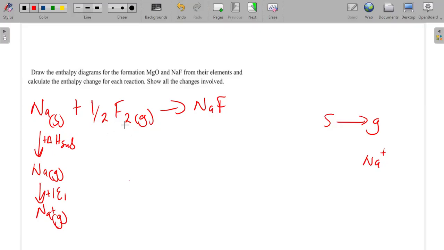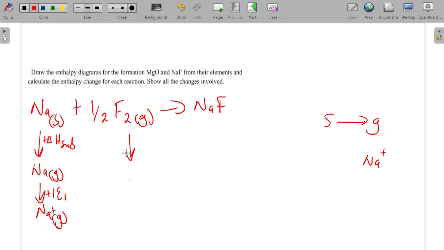We also need the fluorine ion. Here again, fluorine is given as the diatomic molecule, so we need it to be monoatomic. We do the same thing: we dissociate it, and the amount of energy we need is what we call dissociation energy, in the process called atomization.